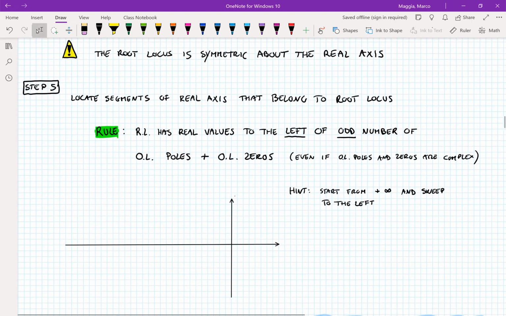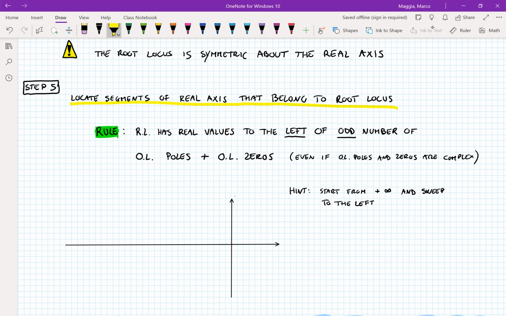Okay. Now that we know how many separate loci we're going to expect, and so we're also expecting how many segments of this root locus will go to infinity or come from infinity. Step number 5, before actually taking care of these branches that go to infinity, deals with locating the segments of the real axis that belong to the root locus.